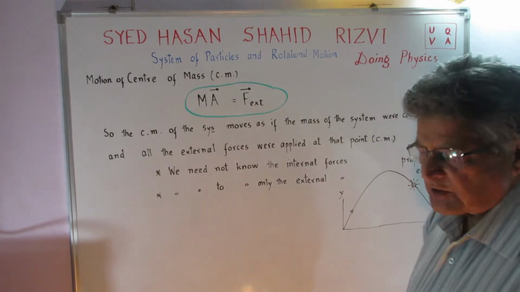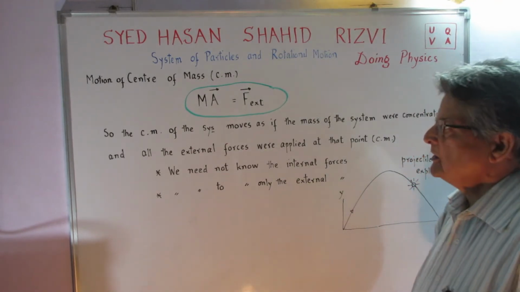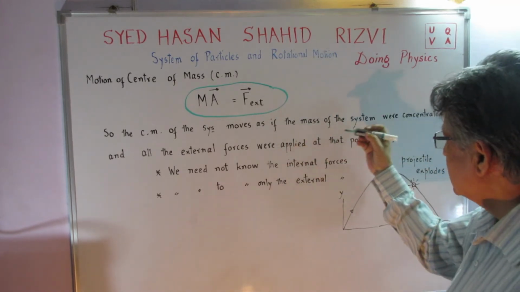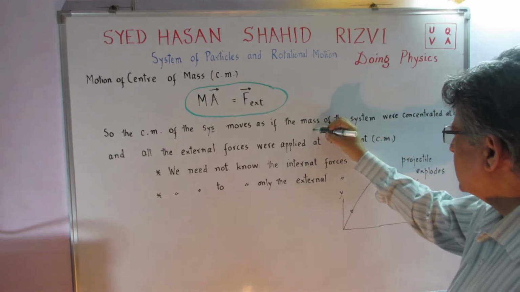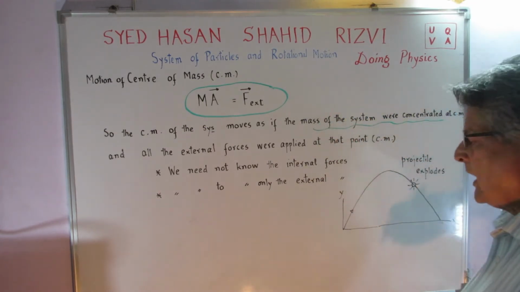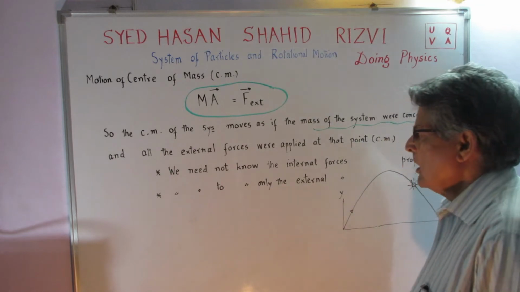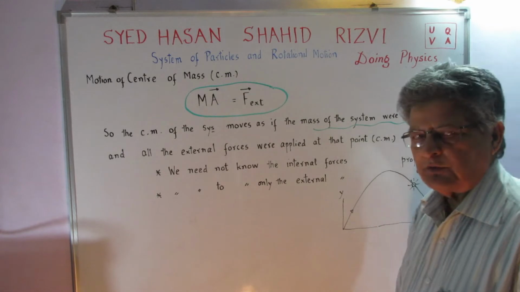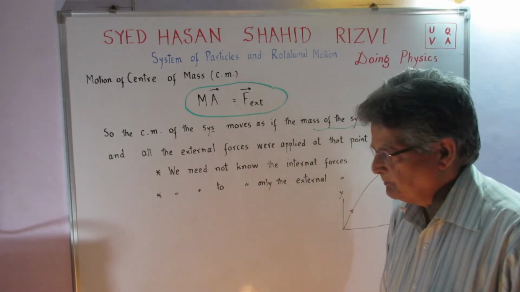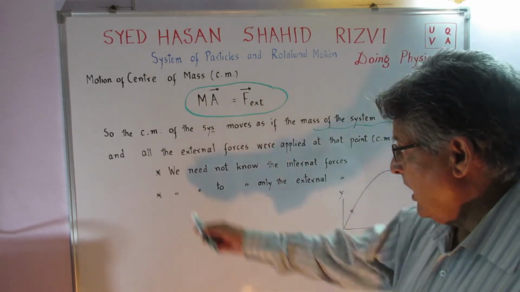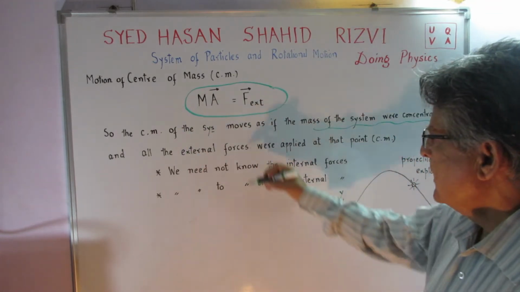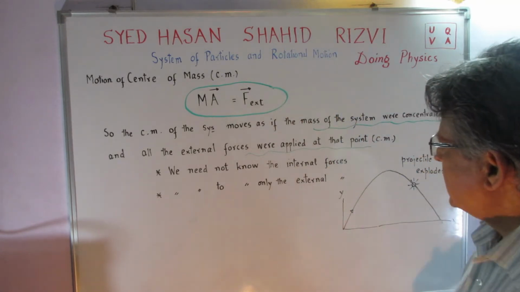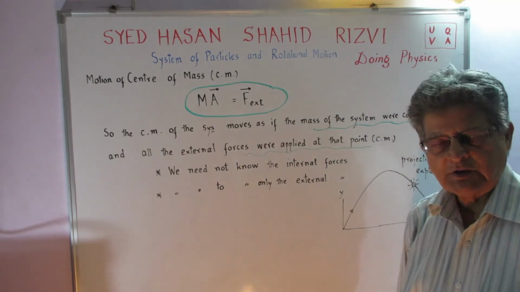The center of mass of the system of particles moves as if the mass of the system were concentrated at the center of mass, so that we can treat the system as if it were a point object, and all the external forces were applied at that point, that is the center of mass.